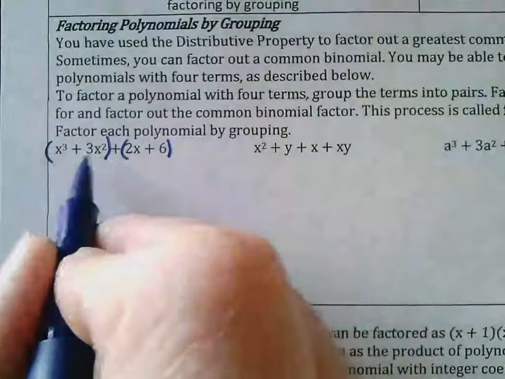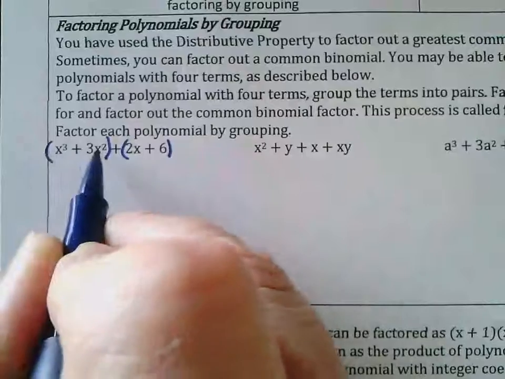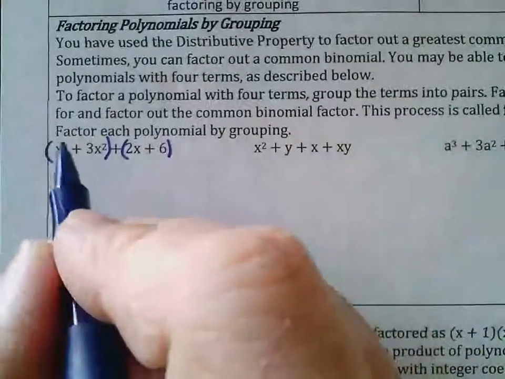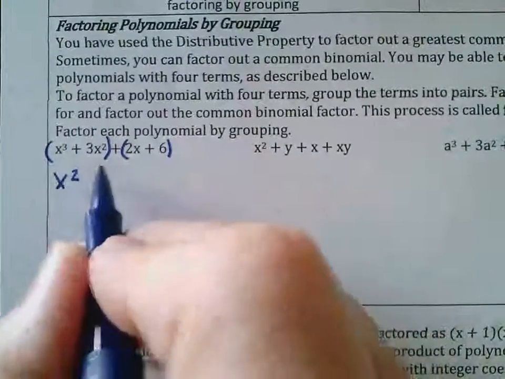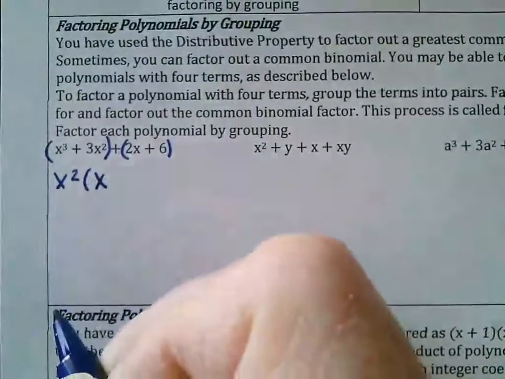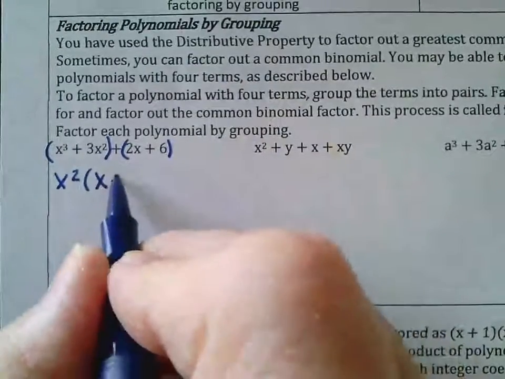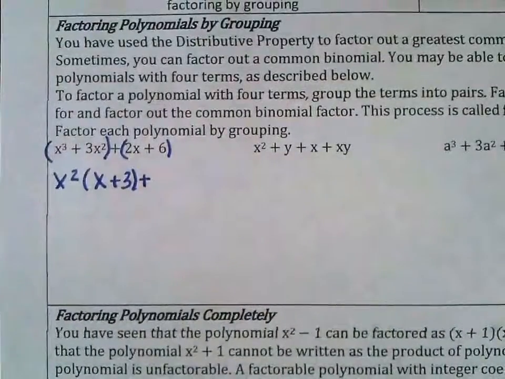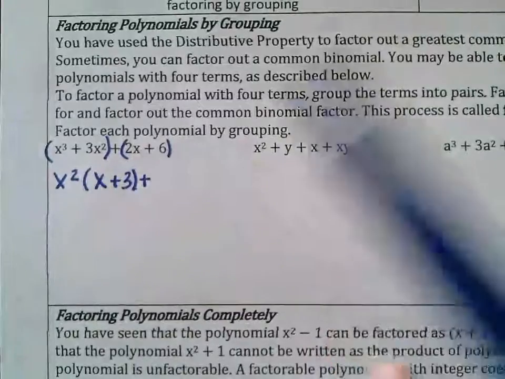So take a look at these two right here. What do they have in common that you can pull out? Well, I can pull out an x squared from both of those, right? So x squared goes into x cubed, and that just leaves me with x. And then the same thing here, it just leaves me with the 3. On this one, you have the 2, and you can pull that out of both of these because 2 goes into 6 as well.